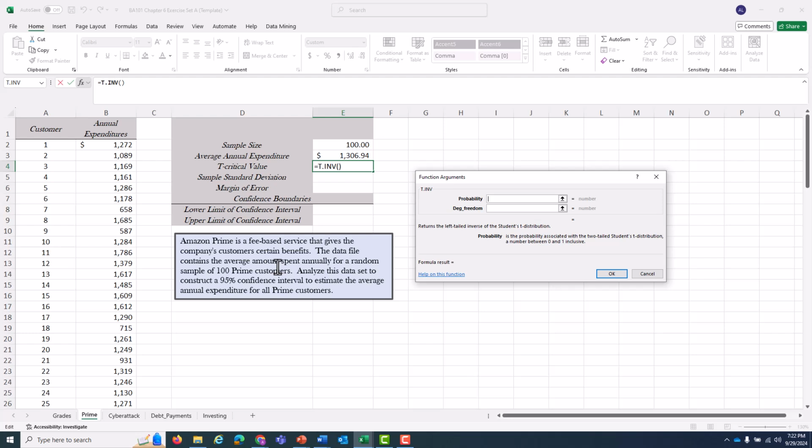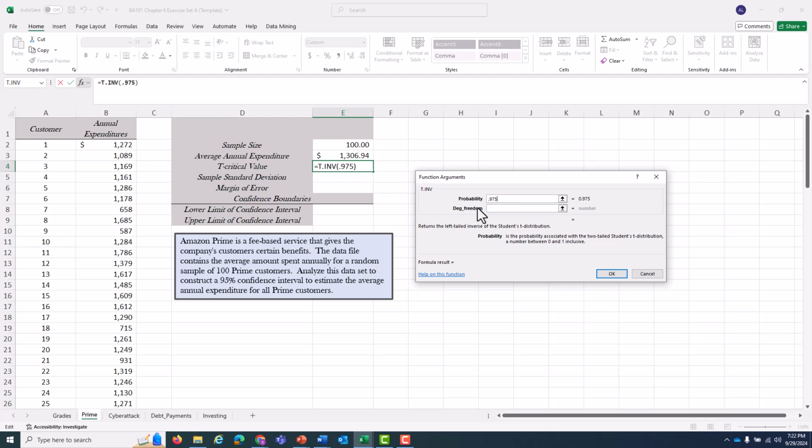And of that 5%, we're saying that 2.5% of the time the true population mean is going to be below our predicted range, and 2.5% of the time it's going to be above our predicted range that we're making a guess for. Well, we only want to capture one of those missing areas, one of those missing 2.5%. So my probability is going to be 0.975.